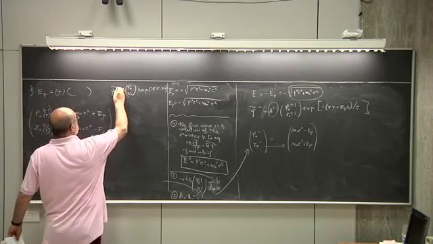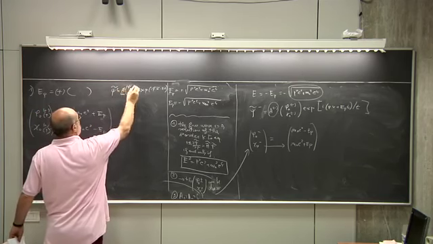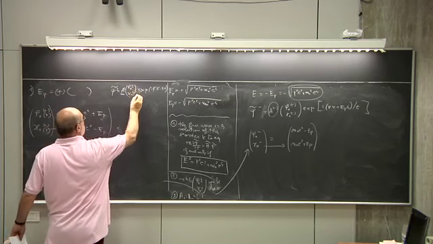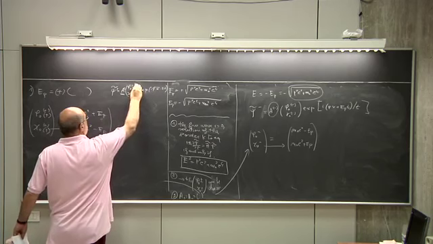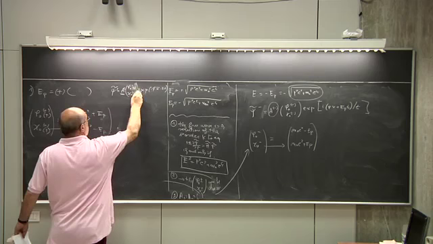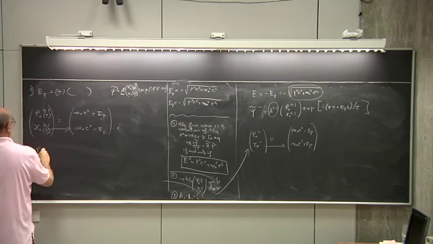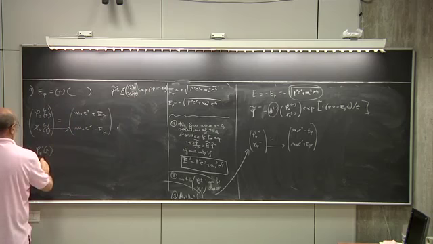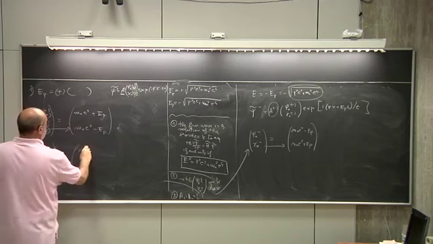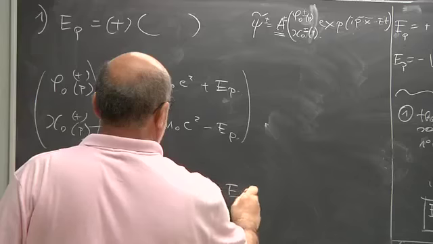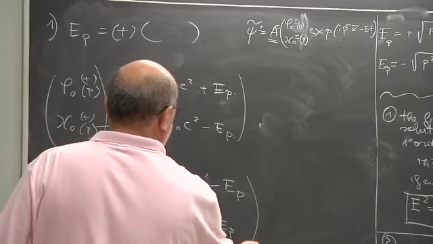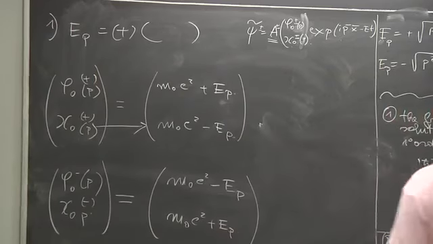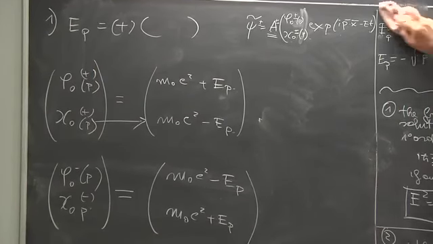So the solution is plus, minus, plus, minus, plus, minus, plus, minus. These are functions of P, and this is a function of P. And remember, we got them. Okay, now I can cancel.